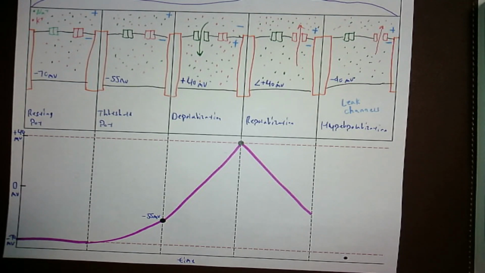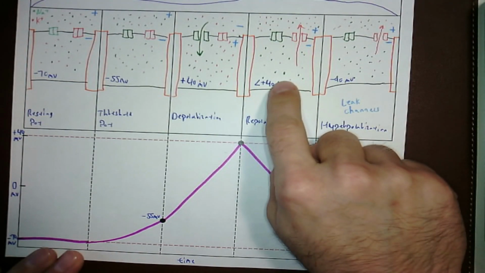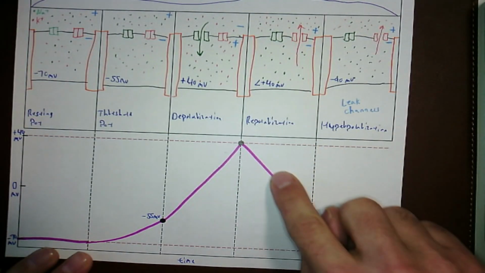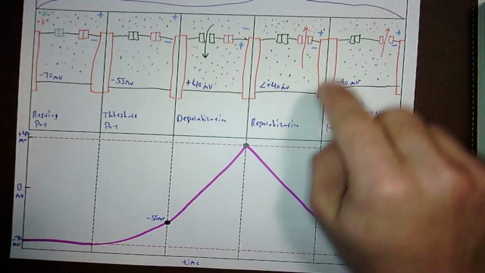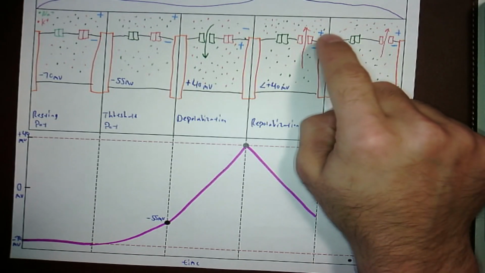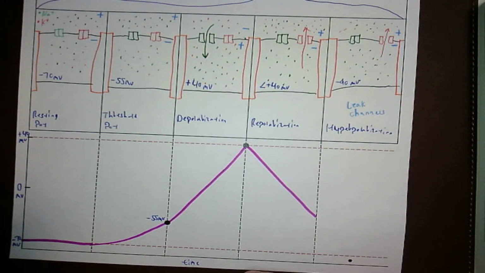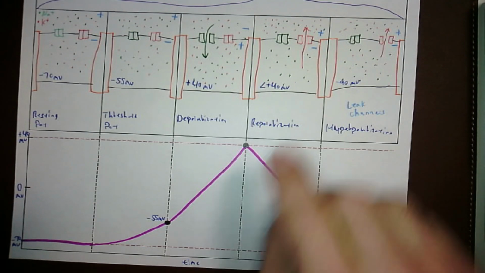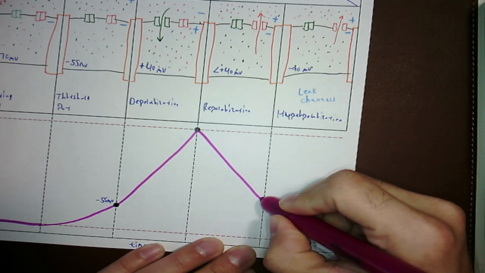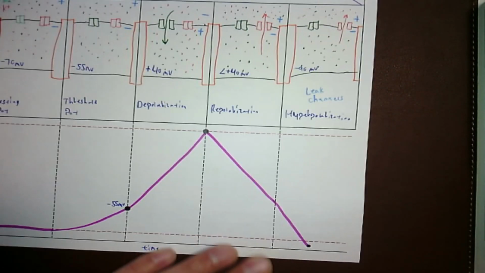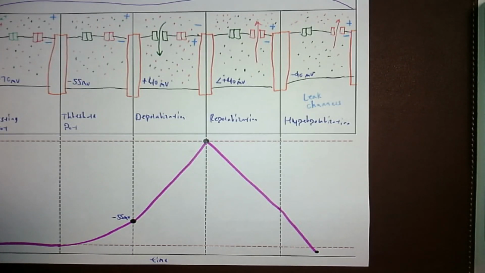We're less than positive 40 millivolts, and we're trying to repolarize, get the signs back to the way they were at rest. We're trying to get back to our resting potential. But because the potassium channels are open a little while longer than the sodium channels, we overshoot it. We lose too many positive potassium ions.